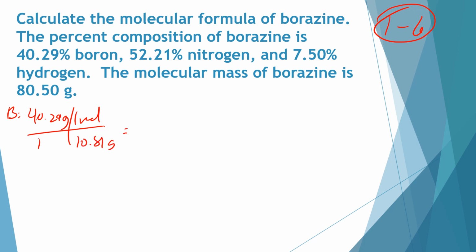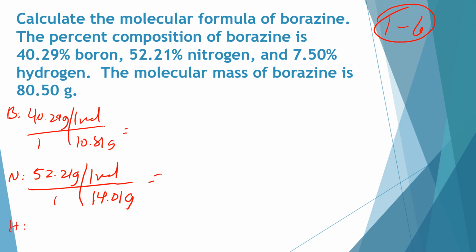Let's try N. 52.21 grams divided by 14.01. Hydrogen, 7.50 grams of hydrogen. Divide that by the molar mass of hydrogen.